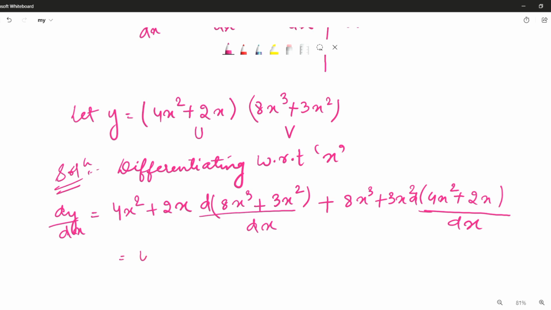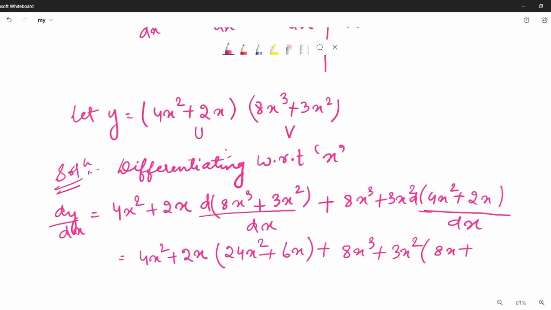So 4x square plus 2x will be as it is. Now differentiate, that will be 24x square plus 6x, plus 8x cube plus 3x square will be as it is. Now differentiating, 8x plus 2, that will be our answer.